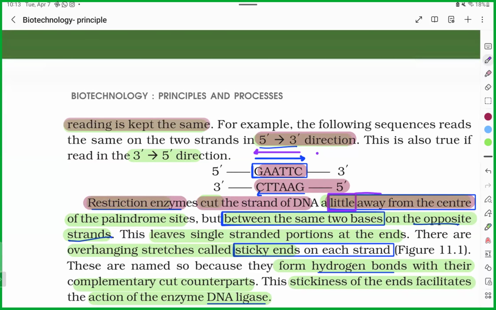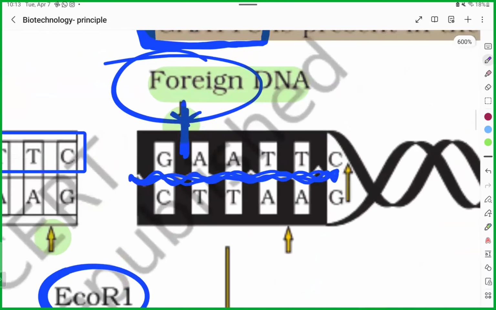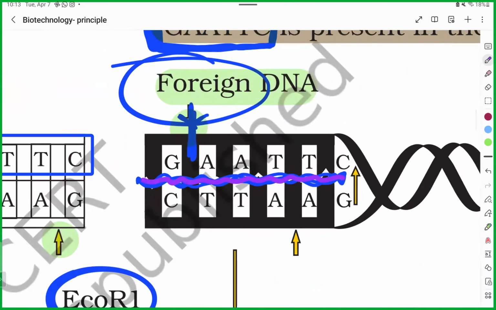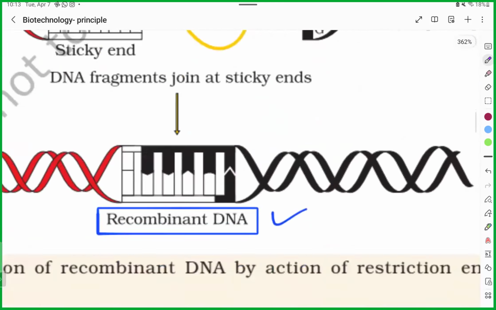A little away from the center between the same two bases on the opposite strand. You can see here GAATTC like this. A little away from the center, as you can see here, not exactly at the center.